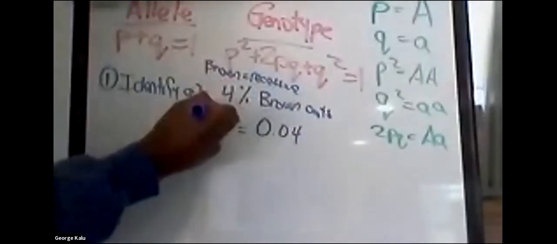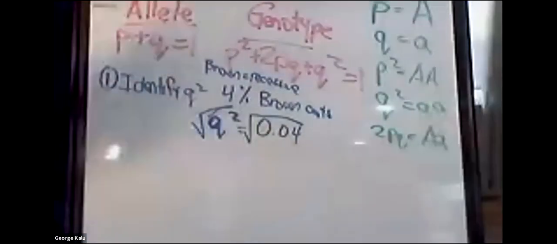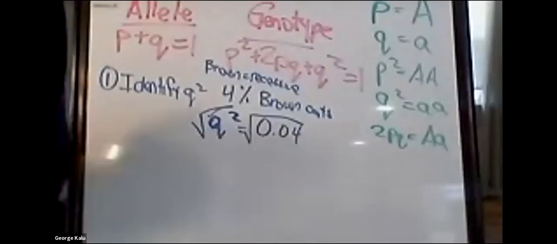Right, so Jared, we're going to take the square root, exactly right. We're going to take the square root of Q squared, the square root of 0.04. If someone could use the calculator on your phone and let me know what you should get. What should Q equal?